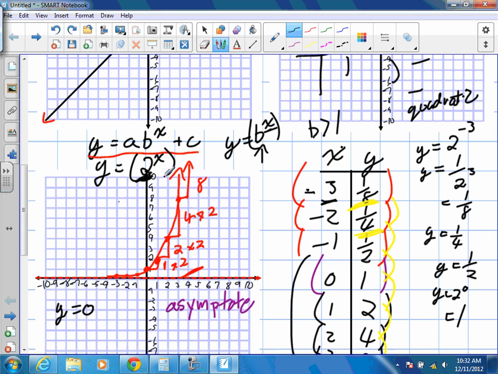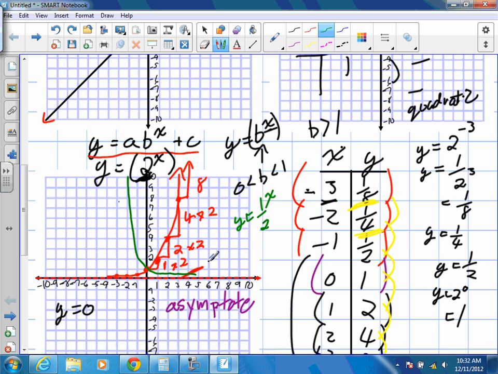If our b value is less than 1 but greater than 0, so in other words, something like y equals (1/2)^x, instead of growing, think of decay. It's going to come downward. So our function will look something like this. Okay? And it will also still have a horizontal asymptote at the x-axis, but it's a little different.